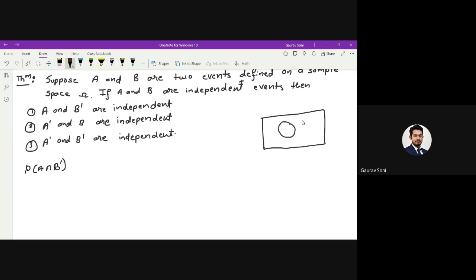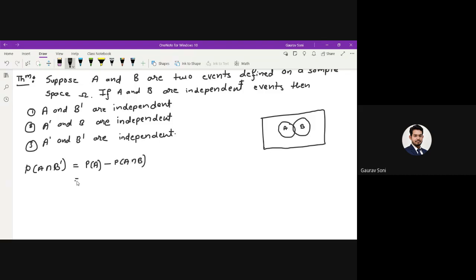So there is A, there is B. What is A intersection B complement actually? Look at the Venn diagram and quickly tell me. A minus A intersection B. So probability of A minus probability of A intersection B.